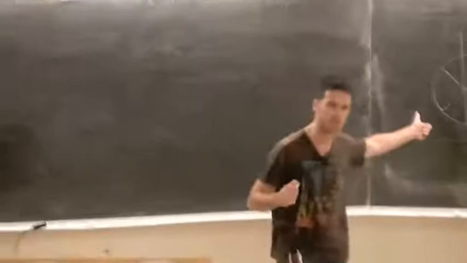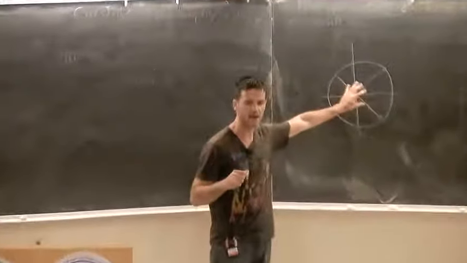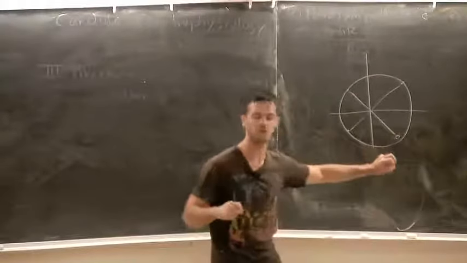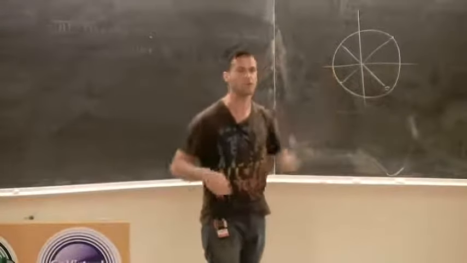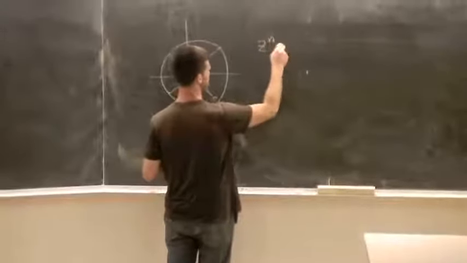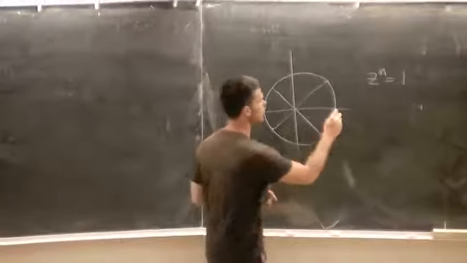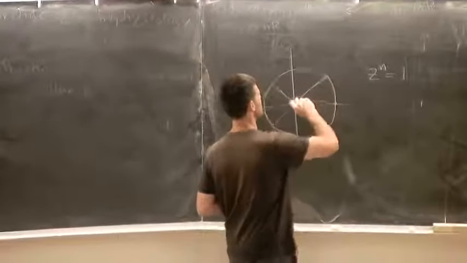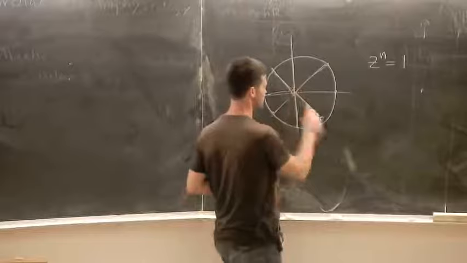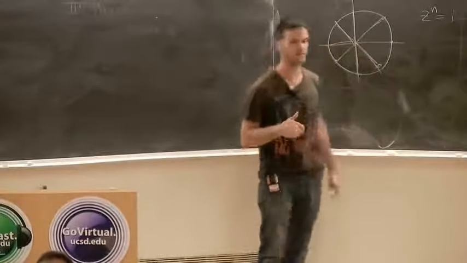The video uses exactly that concept, the so-called roots of unity. These are the complex numbers that, if you raise them to the nth power, give you 1. Obviously 1 is one of them, but there are n of them, symmetrically situated around the unit circle.